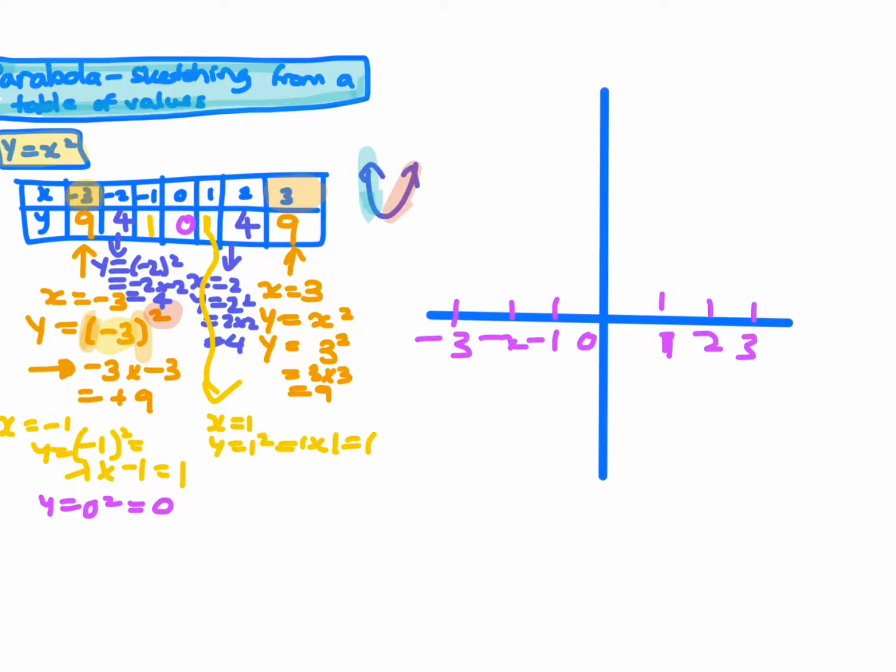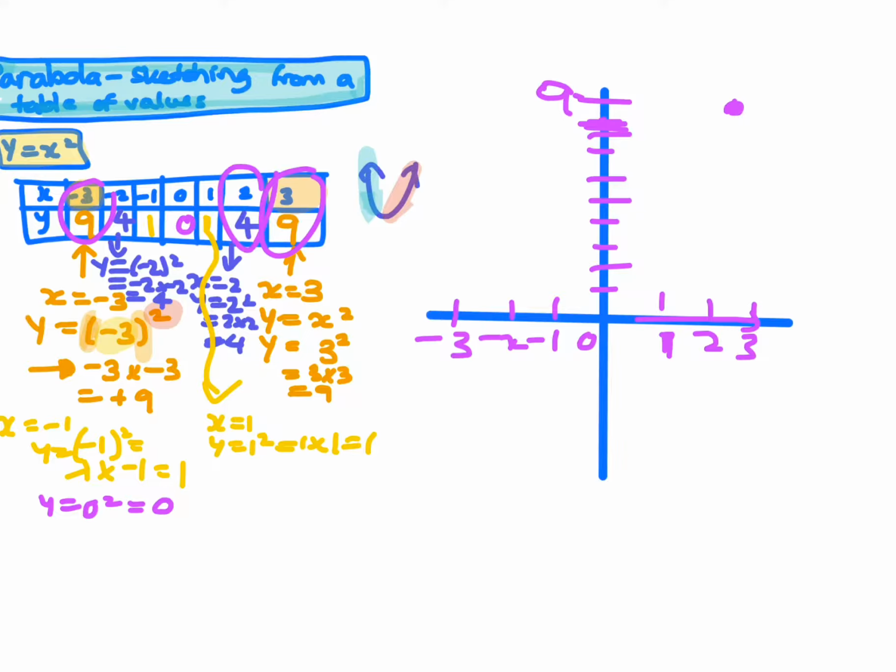The first number here that we have on either side is 3, 9. So you go across to 3, then you have to go up 9. 1, 2, 3, 4, 5, 6, 7, 8, 9. So 9 would be about there. You go across 3, up 9.